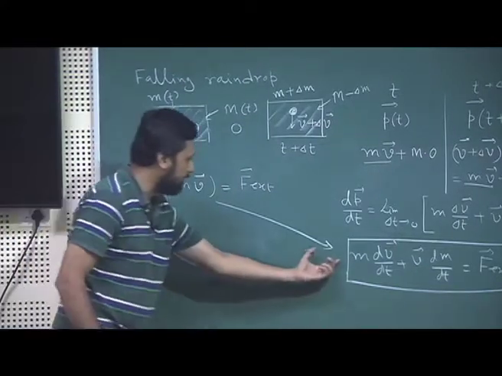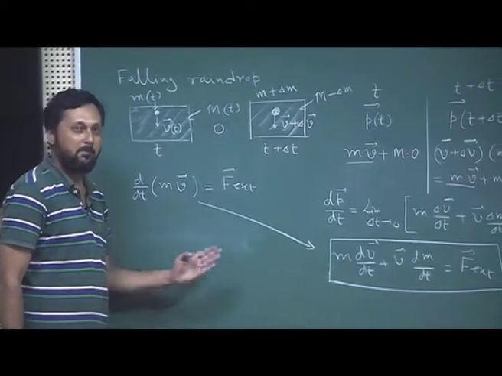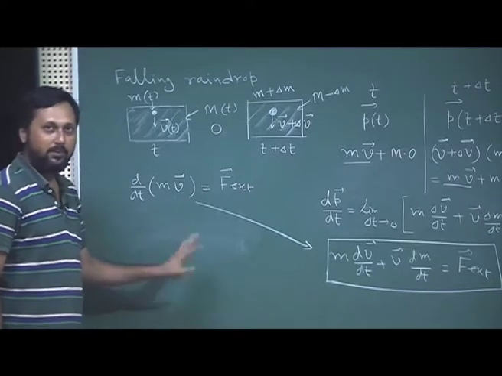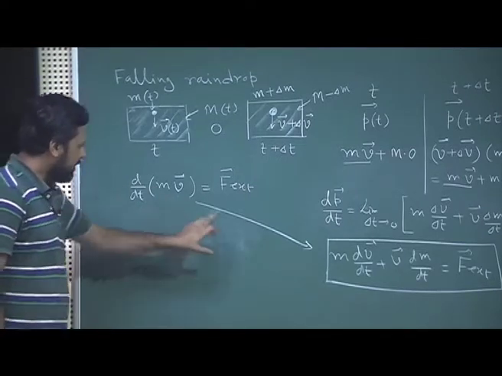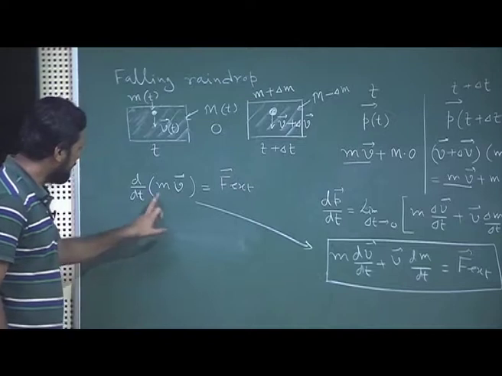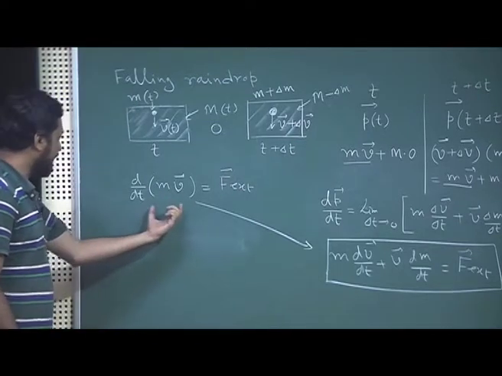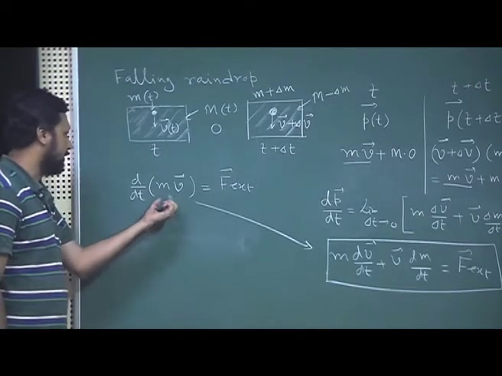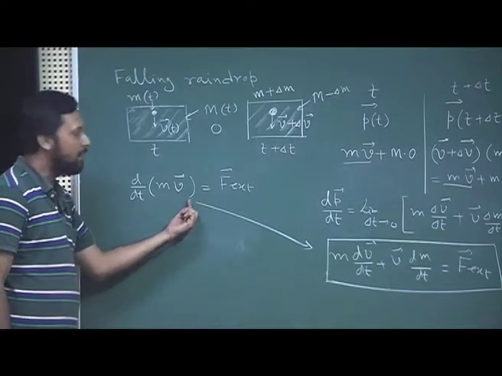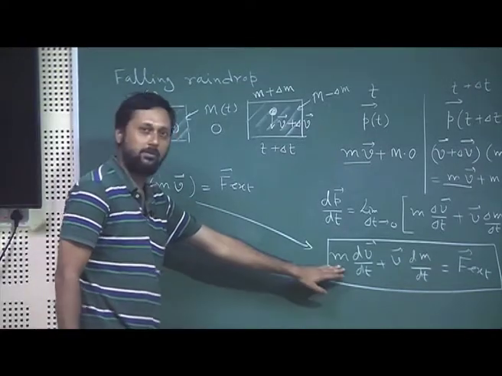So, this and this will give you the same equation. If I take a time derivative of this, this will essentially be m dv dt plus v dm dt equal to F external, which is identical to this equation.